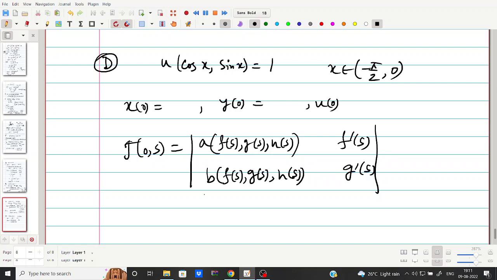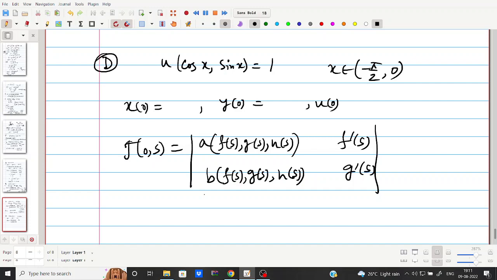Can you say this is 0 anywhere in the interval minus pi by 2 to 0? Only cos s. Can you tell? Is it 0? Cos s is 0. Ruby? Sir, at minus pi by 2 it will be 0. No, it is an open interval I am taking. Okay.